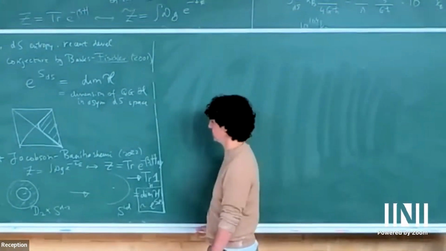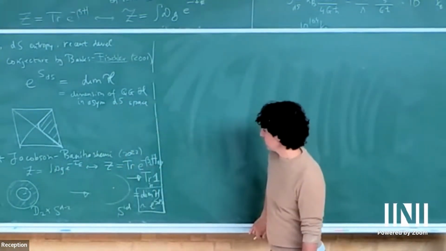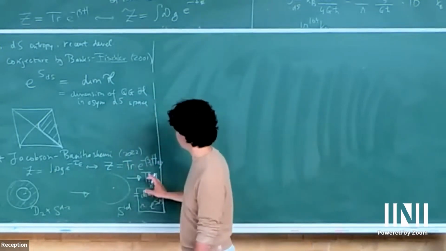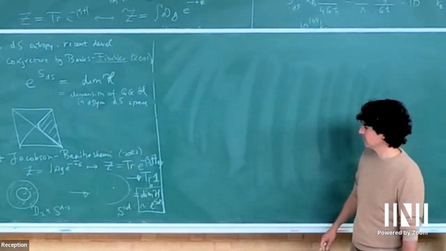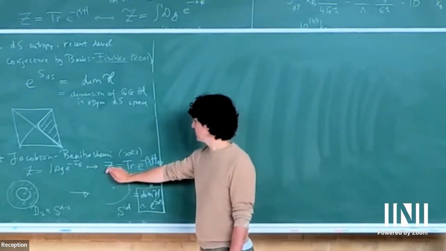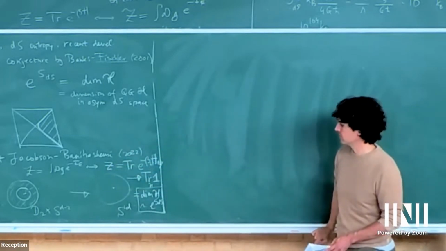It's a non-perturbative calculation, of course. So I think, for a very long time, I've found this argument convincing: that indeed e to the S is related to the dimension of the Hilbert space.